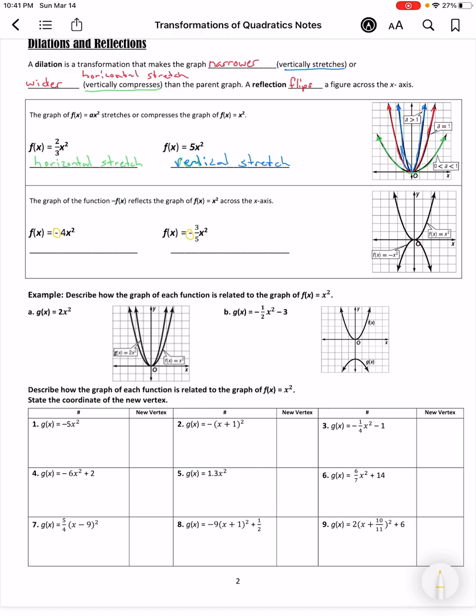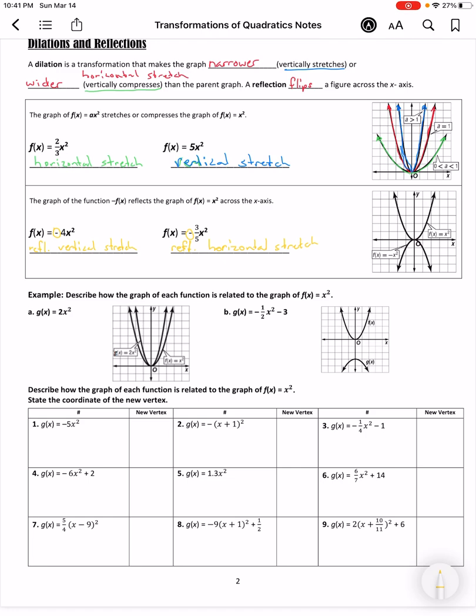So this is a reflected, and I'm going to abbreviate that, reflected, and then it becomes a vertical stretch. Over here we have a reflected, and again I'm going to abbreviate it, reflected. Then we'd have a horizontal stretch because that number is smaller than 1.